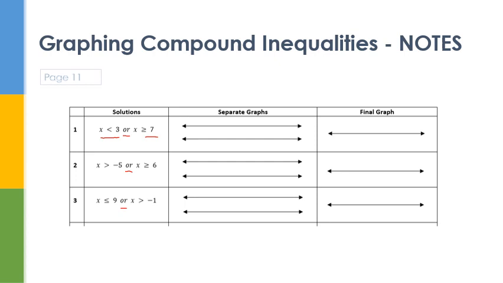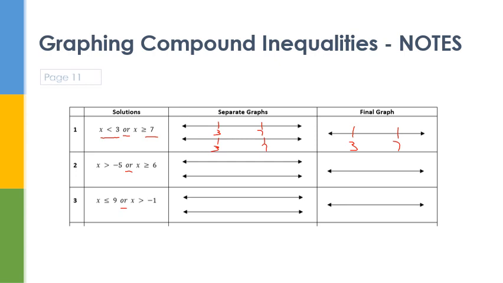Now you need to be careful because sometimes they won't be in a nice order for you. But if I think numerically, 3 comes before 7. So I want to put the 3's on the left and 7's on the right on all three of these number lines. And I'm going to graph them individually, then look at what they are together.